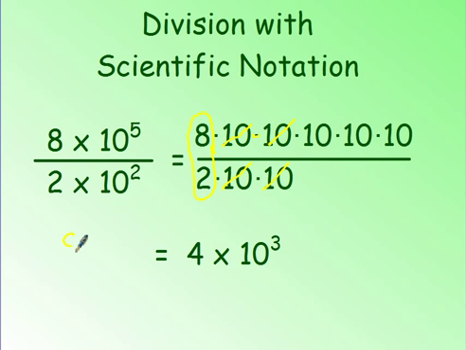So in my problem, I'm going to do 8 divided by 2, which is going to give me 4. So now my answer will be 4 times 10 to the third power. So again, we're dividing our coefficients, and in this case, we're going to be subtracting exponents.